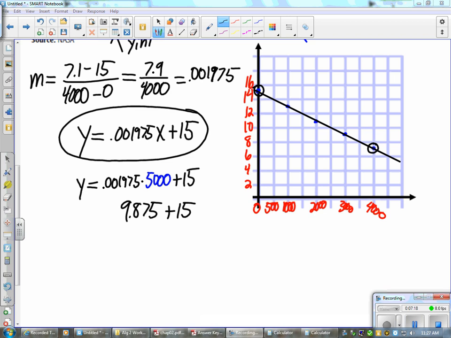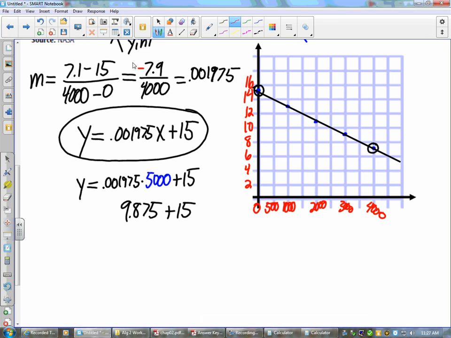Oh, I did make a mistake. Shoot. This was a minus 7.9, which means that's a minus slope, which that's a minus. And so I'll have a minus 9.875 plus 15.